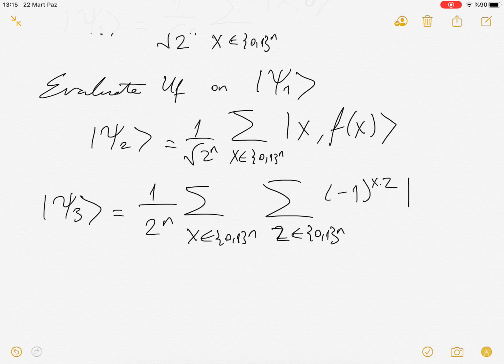On the first register we have z, and the second register is f of x.